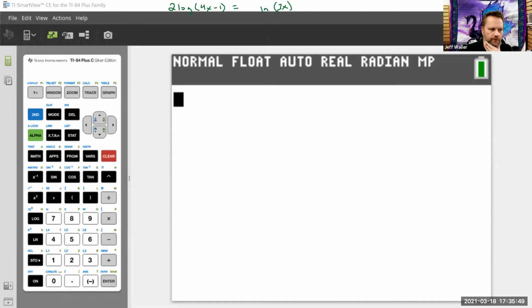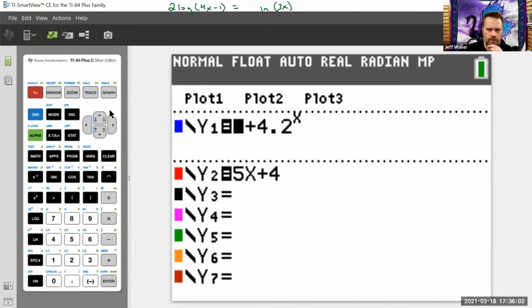Could you please show how to find the x and y? Oh, okay. Yeah, just a minute. All right, so let's put this in the calculator. What I'm going to do is take one side and put it into y1. So let me put 2 log 4x minus 1.